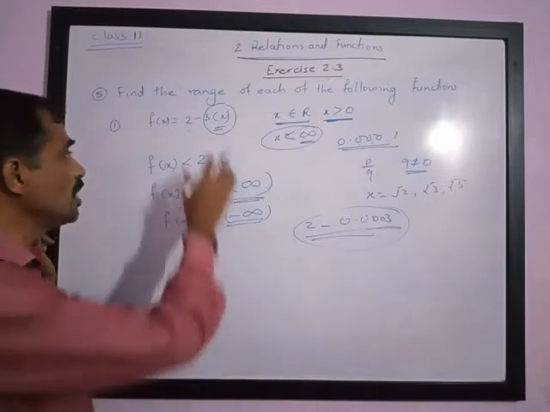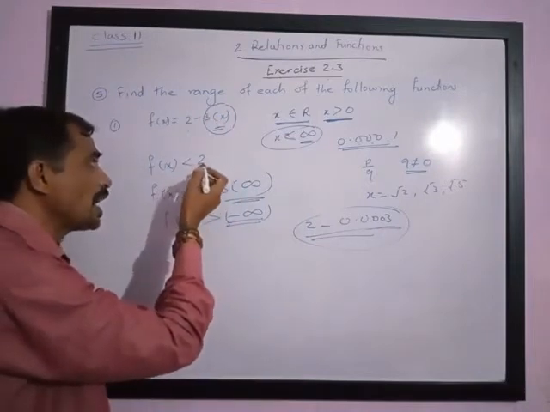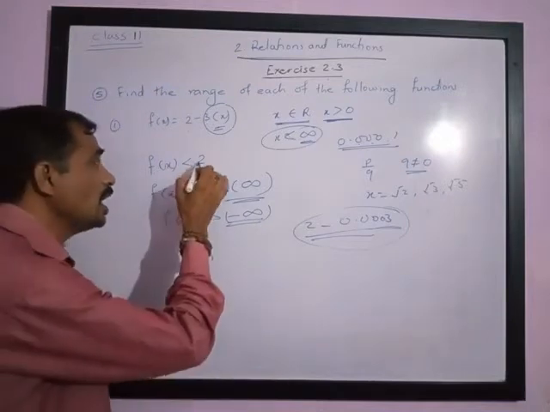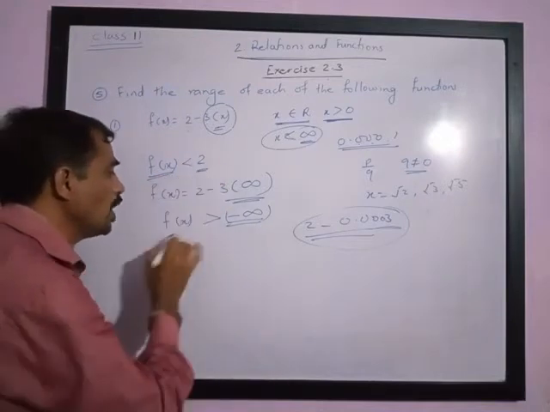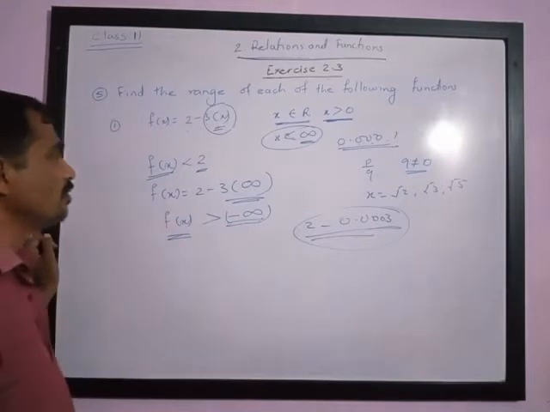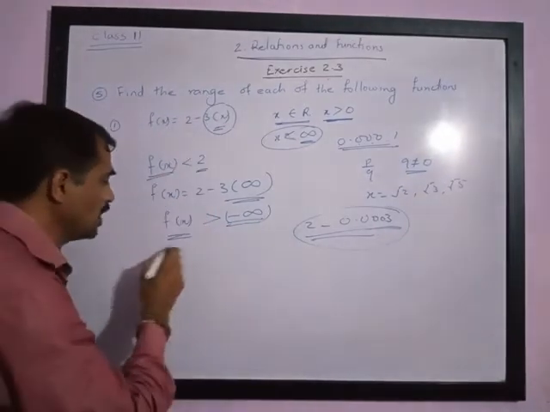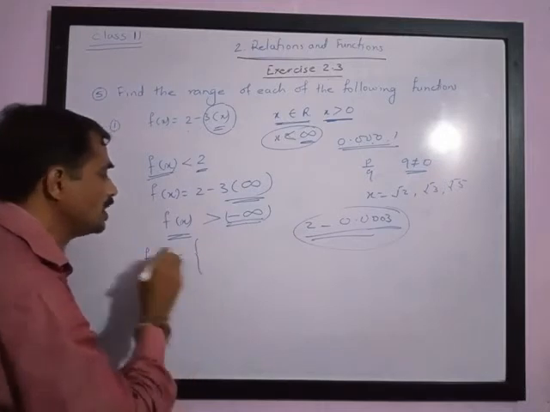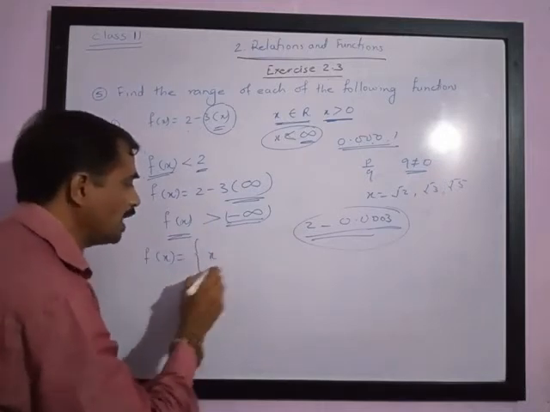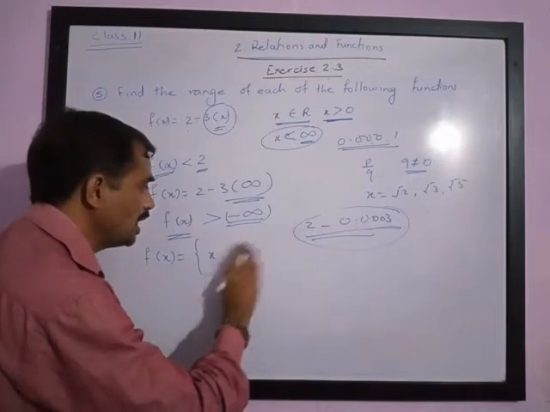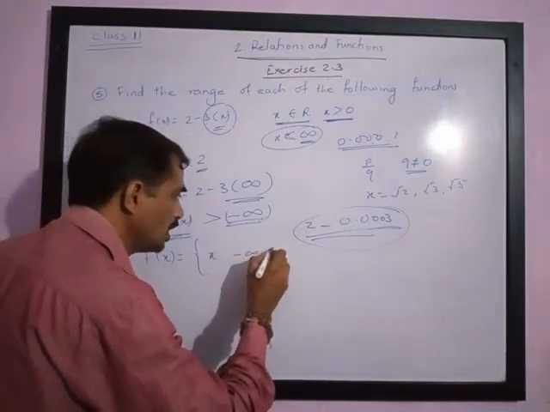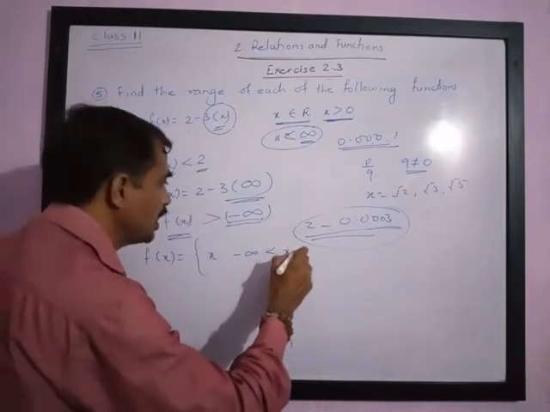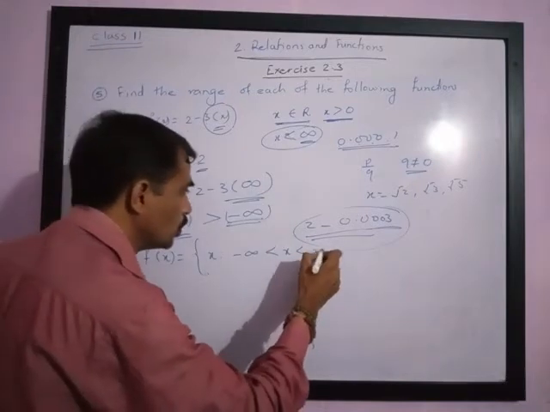So f of x will have all the values which are less than 2 but greater than negative infinity. Please note here, f of x is not equal to 2 and f of x is not equal to negative infinity. Means the range will have the values such that negative infinity is less than f of x, which is less than 2.